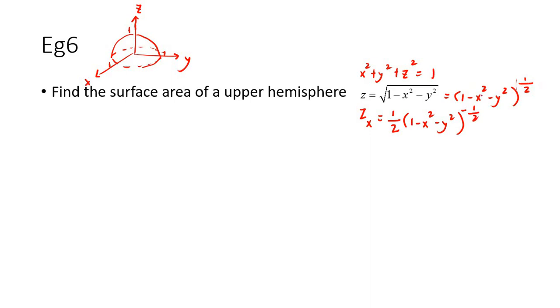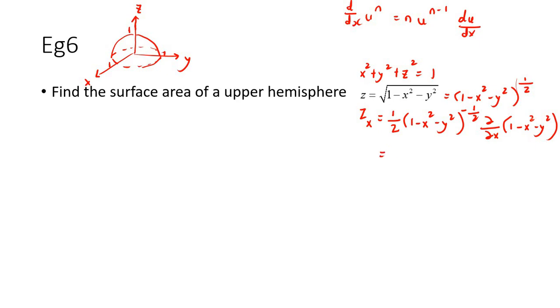Half minus 1, so minus half. And then you have the derivative with respect to x of 1 minus x squared minus y squared. Remember d/dx of u to the power n is n u to the power n minus 1 times du/dx. So now d/dx becomes the partial derivative with respect to x.